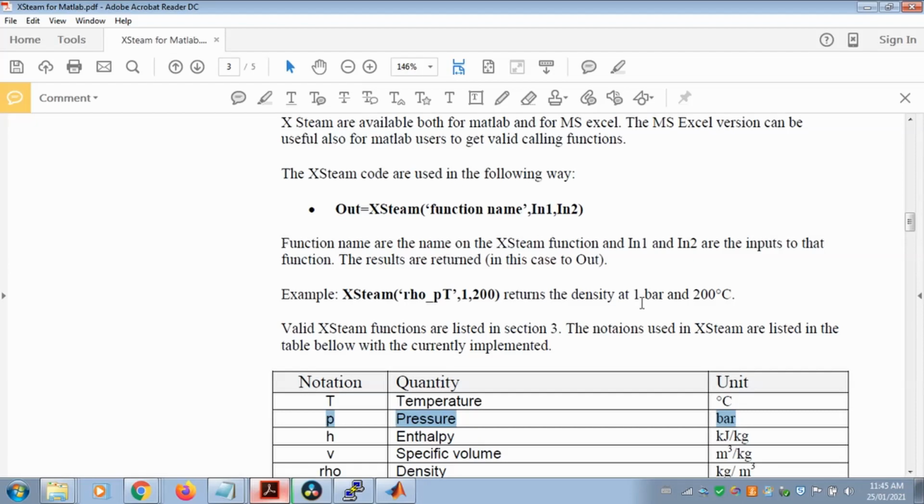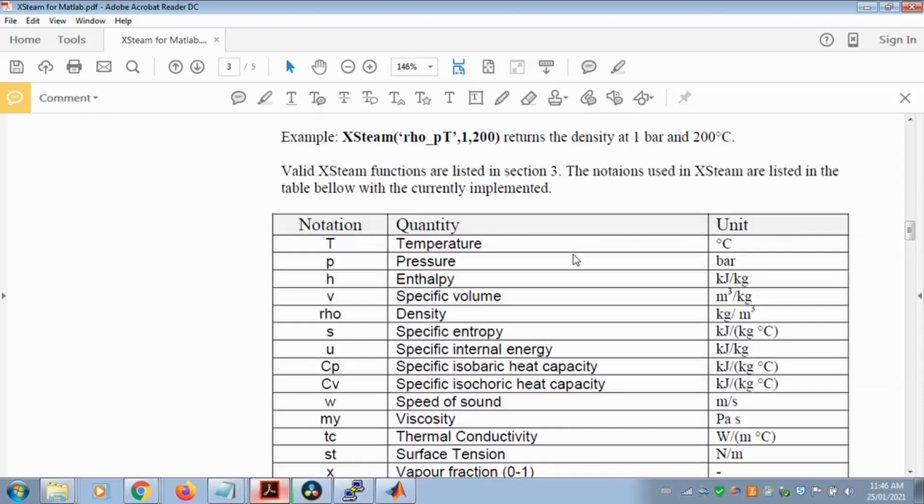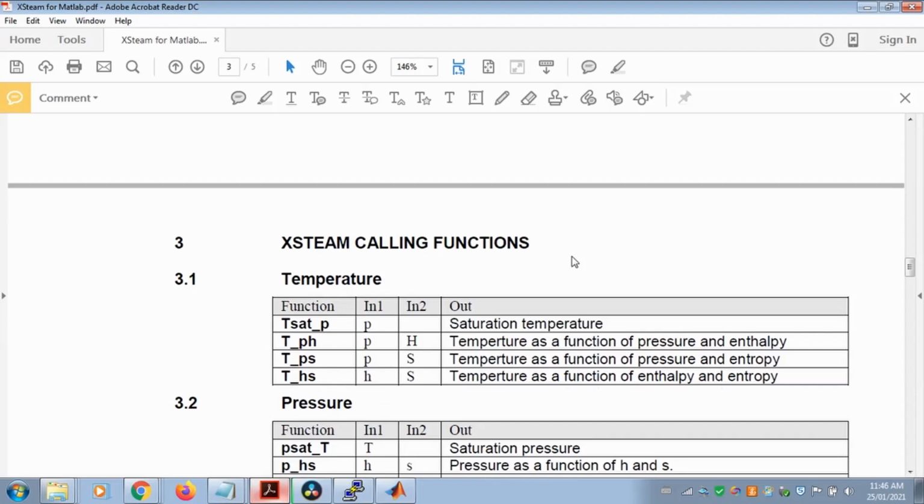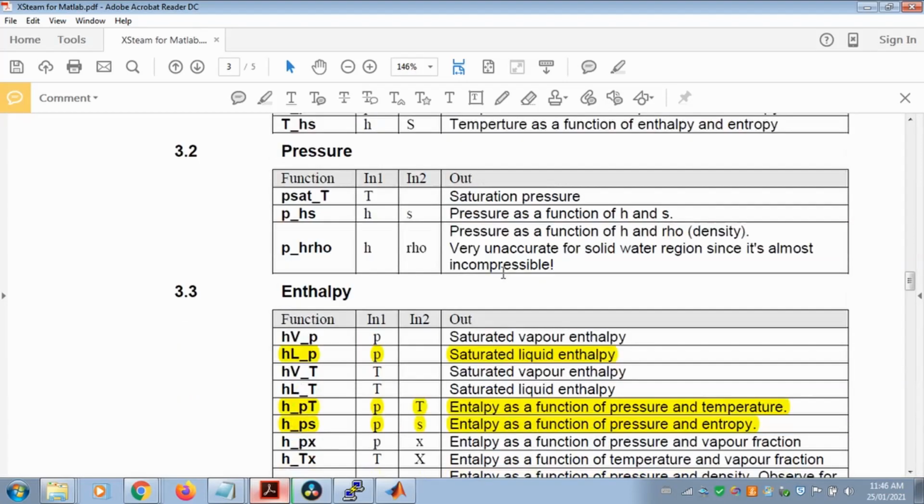If you want to know the rho, you write rho, which is what you are looking for. I would like to get the density knowing pressure and temperature as inputs. The pressure is 1 bar, the temperature is 200 degrees C. That's it. And then you can do this for several other properties, so temperature, pressure, enthalpy.